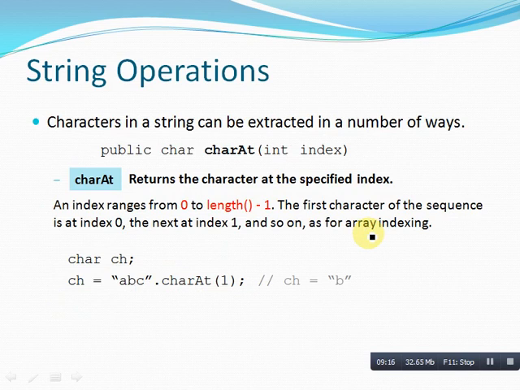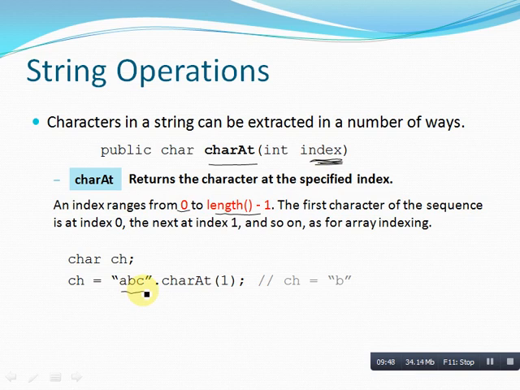Moving ahead, there is another method called charAt, which will give you the character at the specified position in the string. The position should range from 0 to length minus 1, that is the length of the string minus 1. So charAt will give you the character at a particular position in the string. For example, you have a string ABC.